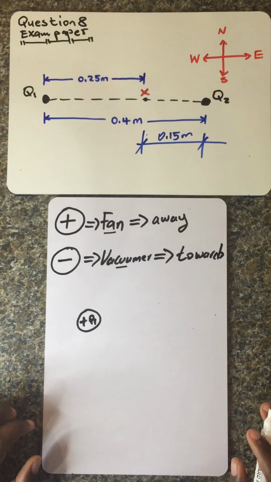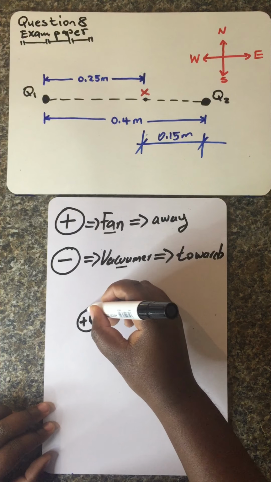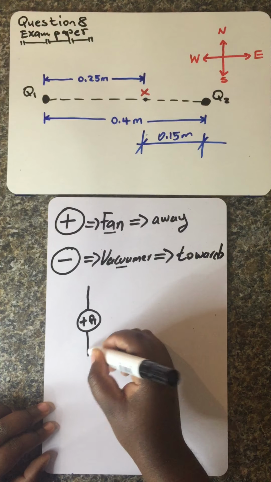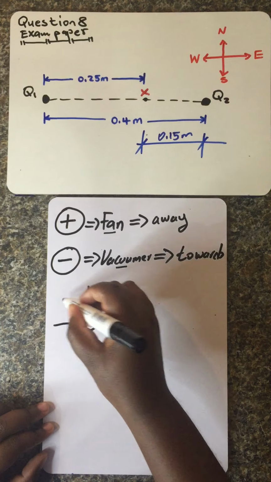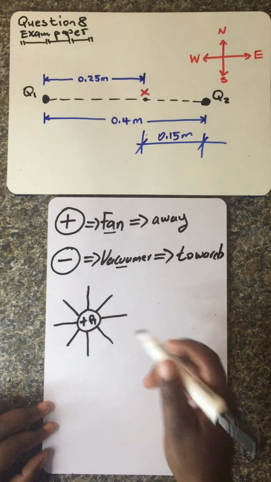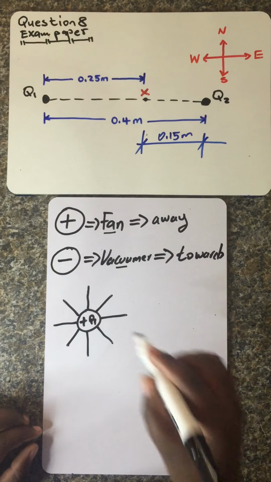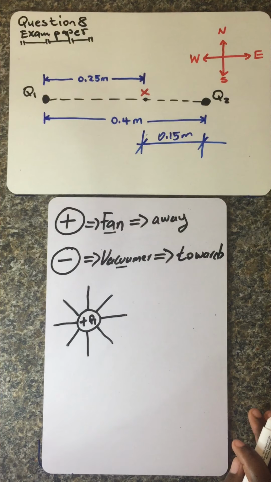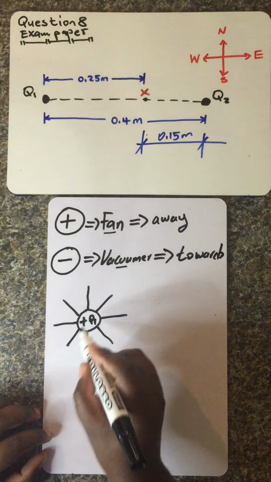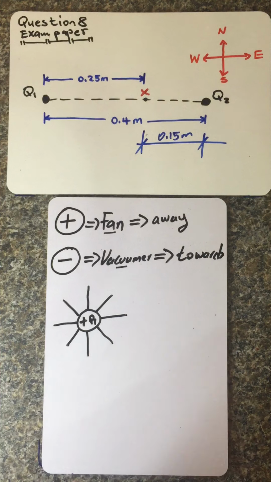It's positive, isn't it? So, ladies and gentlemen, because we've got a point charge, this story of a fan and a vacuum helped me a lot in being able to easily draw these electric field lines. Very, very much important, guys. In terms of the arrows, we use the arrows to indicate the electric field around a point charge. In this case, we're considering a positively charged particle or object.